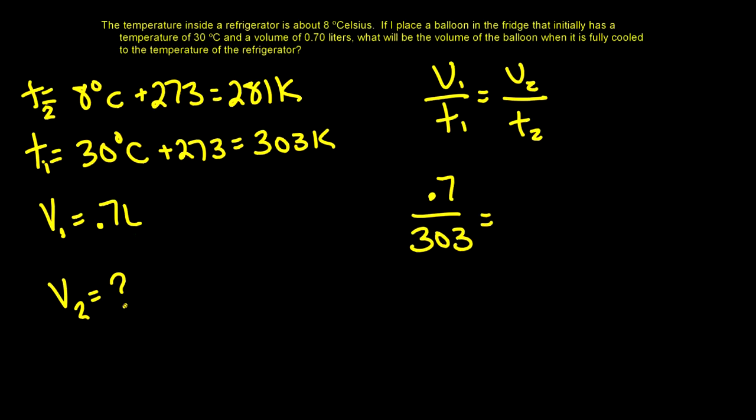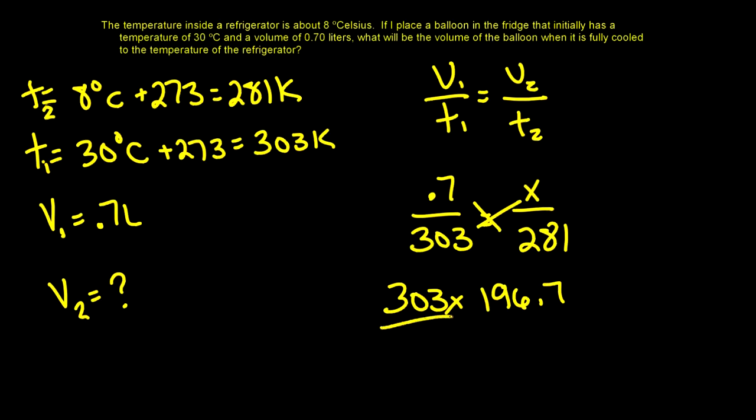Volume 2, which I'm looking for, is going to be X. Temperature 2 is 281. That's what I'm changing it to. Solve this out: we just cross multiply, then divide. So 303 times X is 303X. 0.7 times 281 is 196.7.